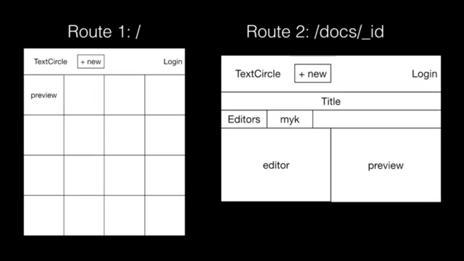The second route is going to be when someone goes in and looks at a particular document, and then we want to generate the full editing interface. So before we can do it, we need to break up our templates a bit and reorganize them so that we can choose which components of the page we want to load in.